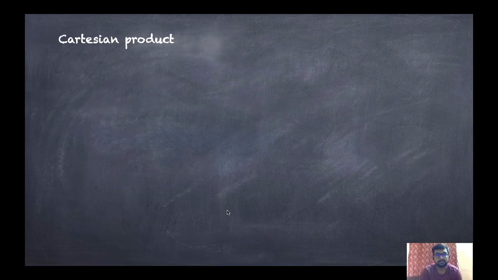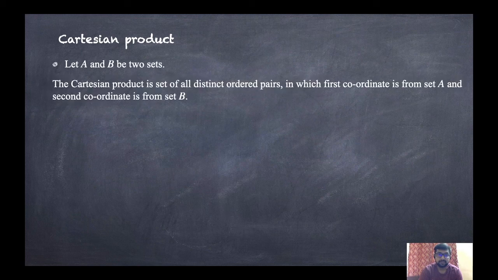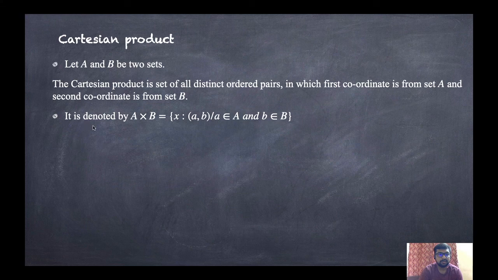Now Cartesian product. Consider two sets A and B. Then the Cartesian product is the set of all distinct ordered pairs in which first coordinate is from set A and second coordinate is from set B. Let's consider one example. It is denoted by this symbol, A cross B is set of all (a, b), where a belongs to A and b belongs to B. For example, A is {1, 2} and B is {a, b}.